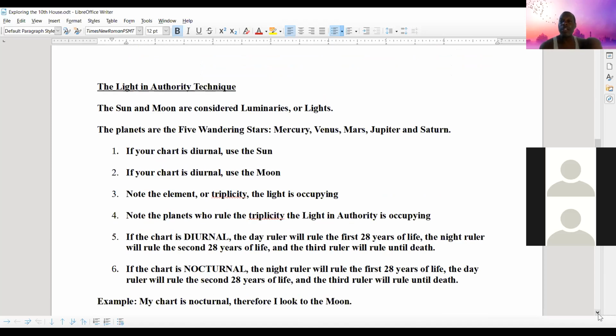The predominator is actually the light who is in authority. So this technique is called the light and authority technique. So we're basically finding the predominator on some level, but we're also finding another level of it for us.